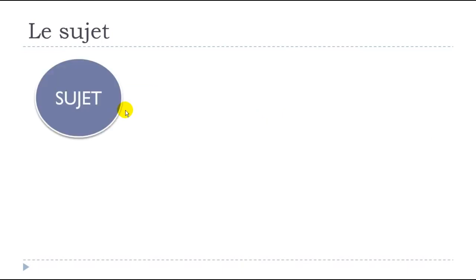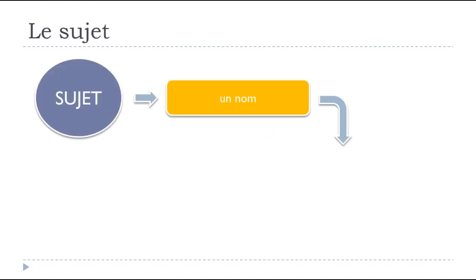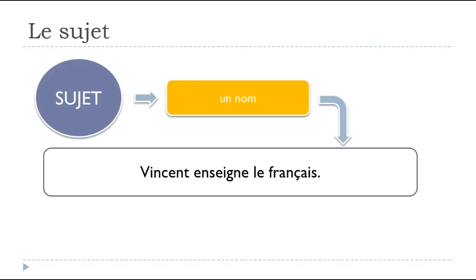Okay, so let's start with un nom, and I just wanted to have a simple sentence in that case: Vincent enseigne le français. Okay, so Vincent is a first name, and it's mine, by the way. Enseigne, here you've got a verb, so the verb is enseigner, and it's conjugated in that case. Le français, so it's French, and we're referring to the French language.